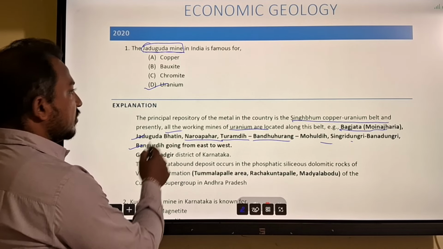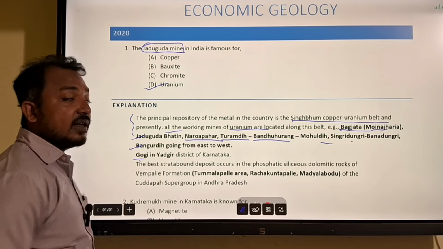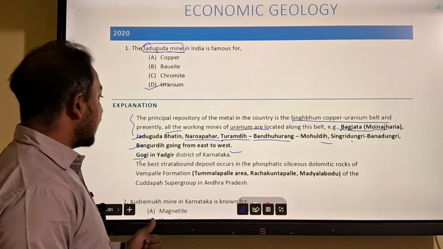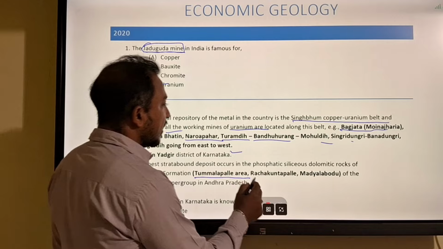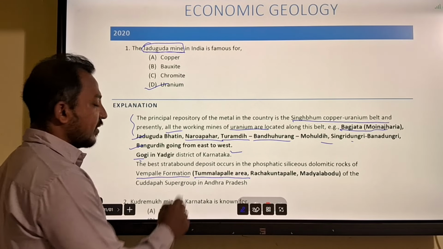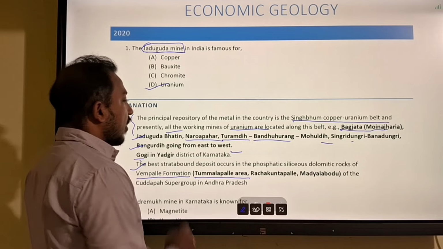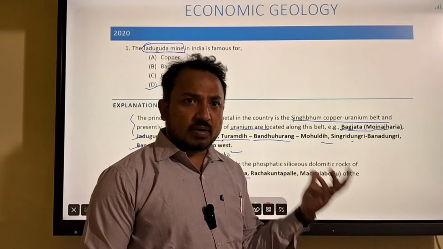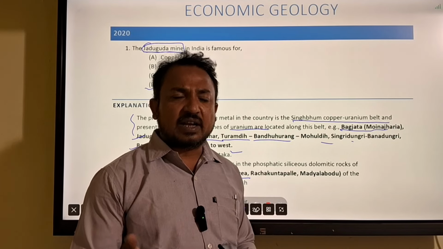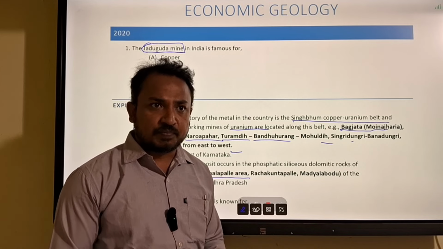Other than the Jharkhand or Singhbhum region, you will find uranium in Gogi, in Karnataka, which is also famous for uranium deposition. Another is Tumlapalli, under the Kadapa supergroup, in the Vempalle formation. There is also deposition in Odisha, in the Jharsuguda region, with critical minerals, not uranium, such as niobium and tantalum.